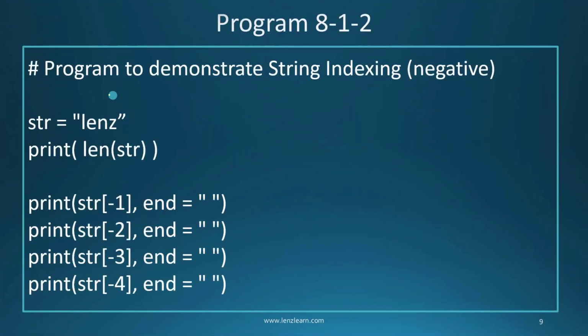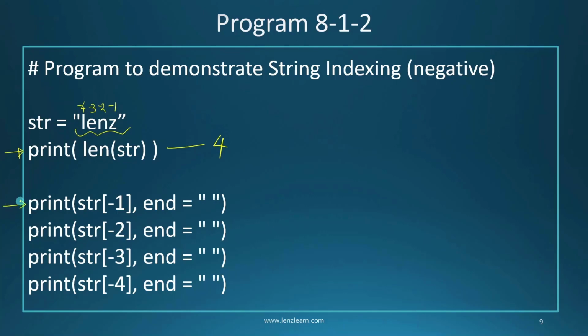Now here we are going to work with negative indexes. When you want to work with negative indexes, you start from the end of the string, okay? So the last character will have index -1. The character before that will be -2, then -3, and the first character L will be available at -4. First I am going to print the length of str, so this will print 4 because this string has 4 characters inside it.